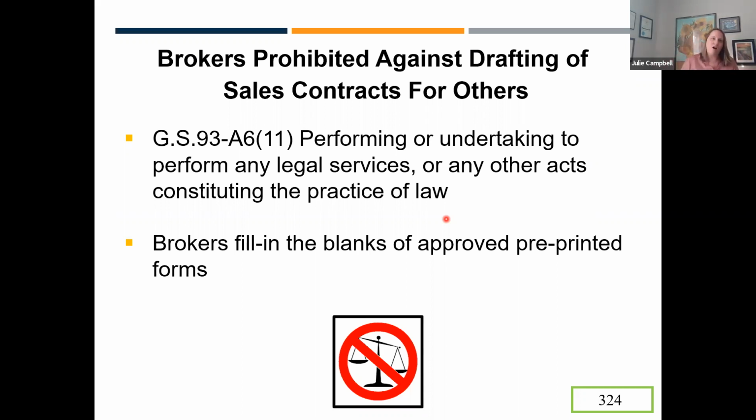Yes, it seems easy. All we have to do is fill in the blanks, right? But the problem is the blanks ask for something very specific. Just because we see a blank doesn't mean we can put any old thing in there. So yes, on the one hand, all we have to do is fill in the blanks. But I think we all know enough by now to know it's a lot more complicated than just filling in the blanks.